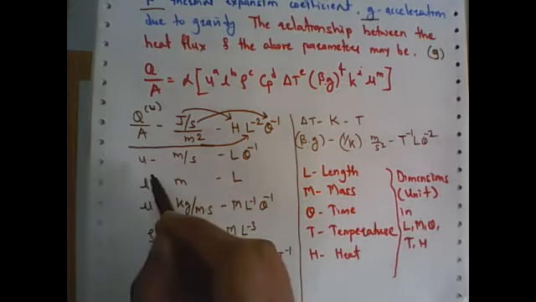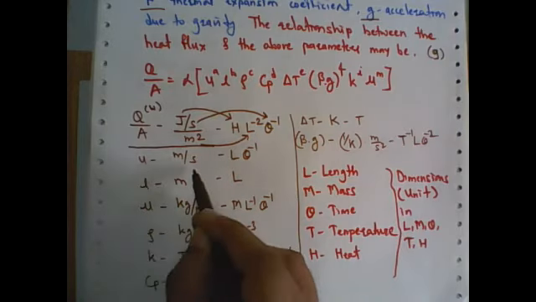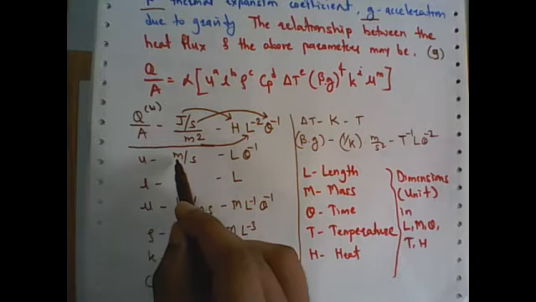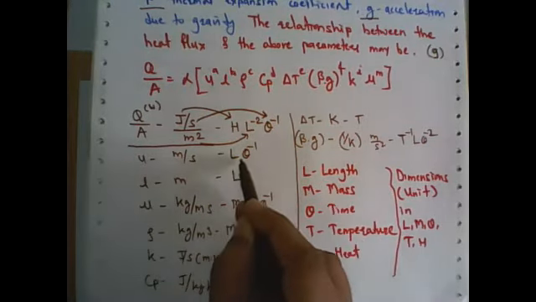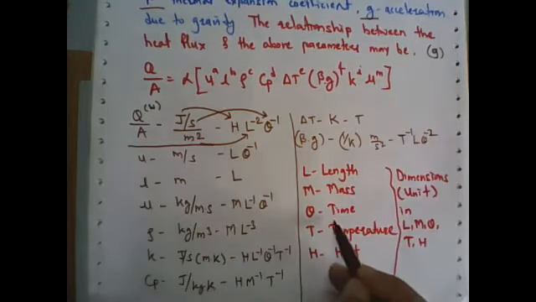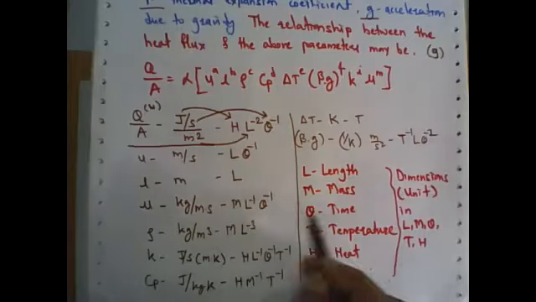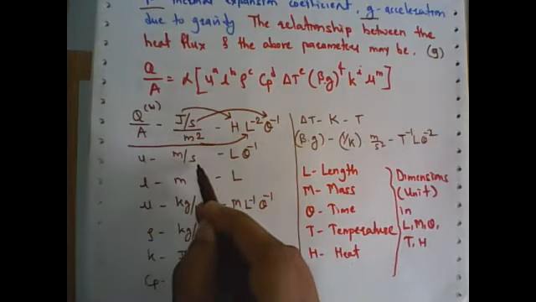So what is the unit of velocity? The unit of velocity is meter per second. So meter, it means it is the unit of length, so it should be L. Then per second means it is the unit of time, so it should be theta raised to minus 1 because it is per second.